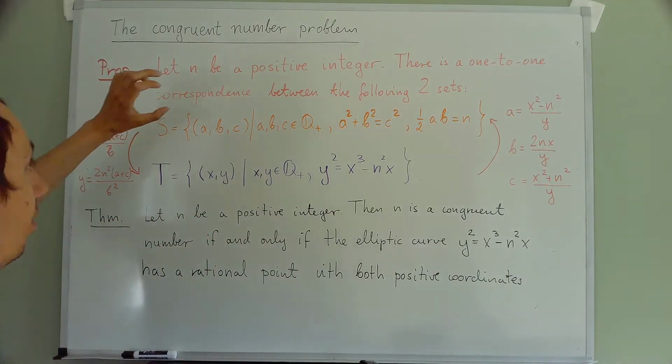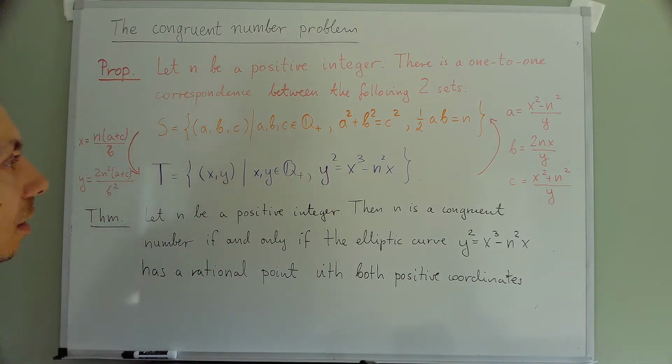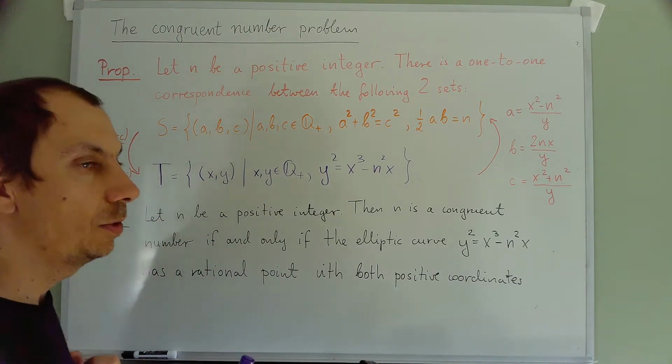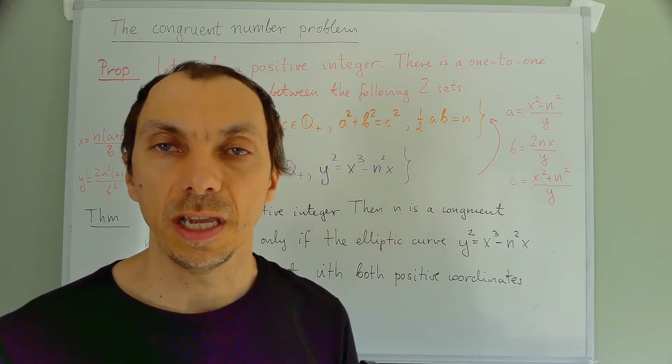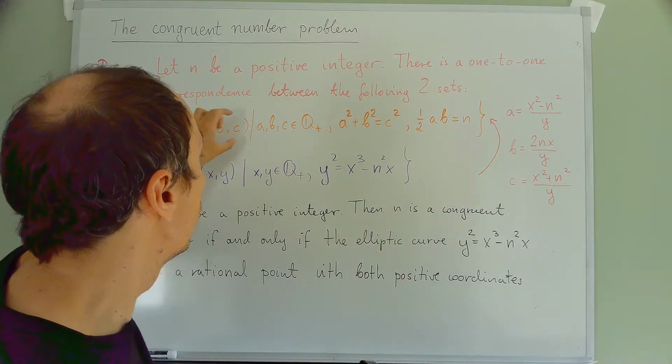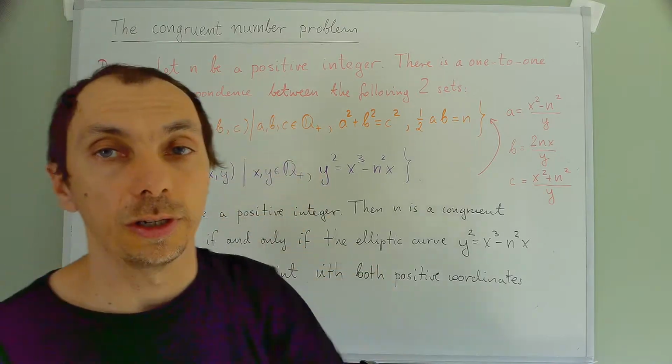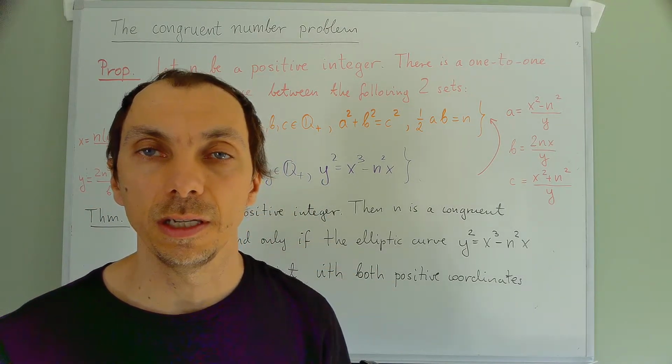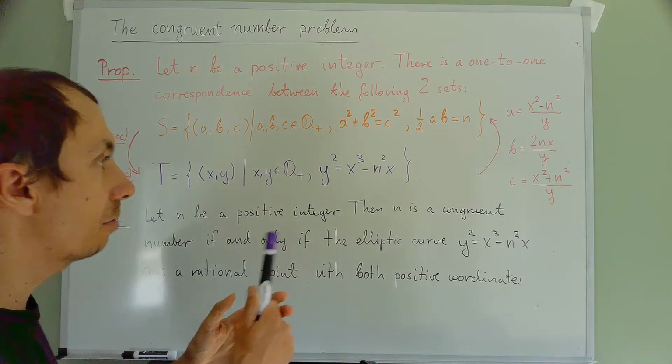So suppose that I have a congruent number n. What does it mean to have a congruent number? That means it is the area of some right triangle whose sides are rational, a, b, and c, and whose area is n.